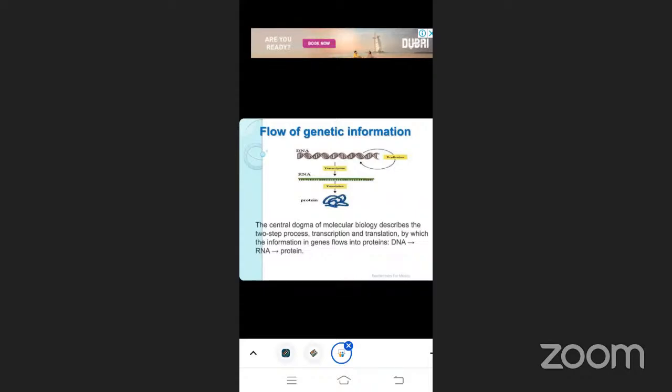So that is the DNA in the transcription to form the RNA, and that is the translation to protein synthesis. So what are the types of the RNAs? Different types of the RNAs are present.